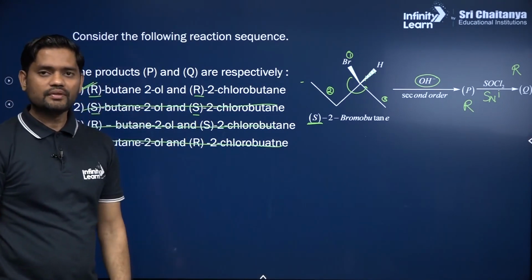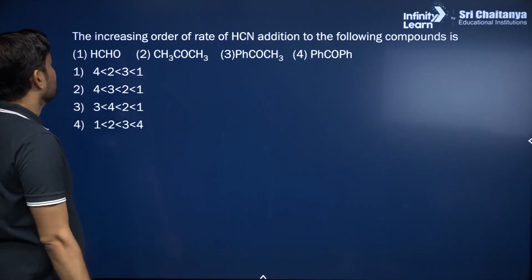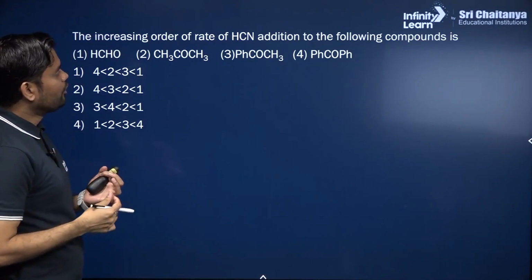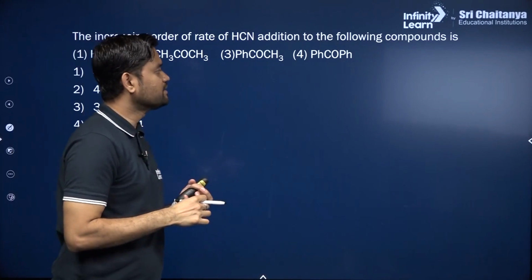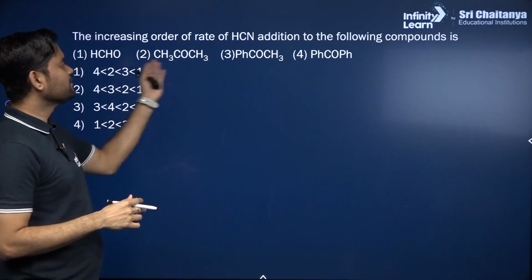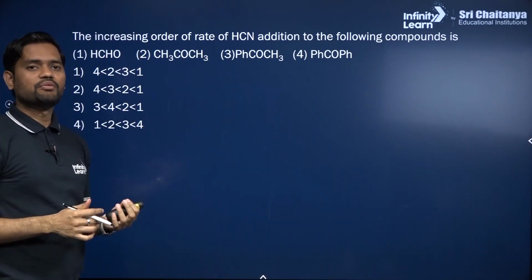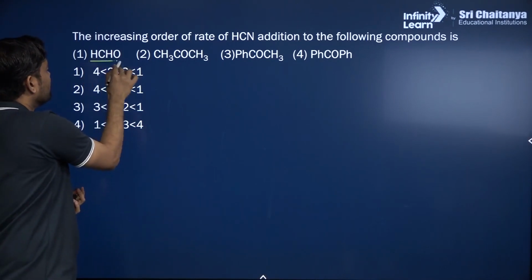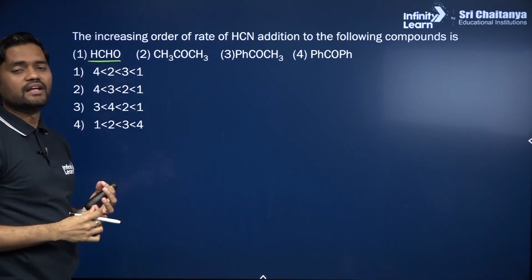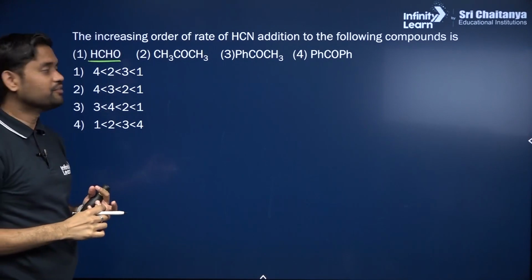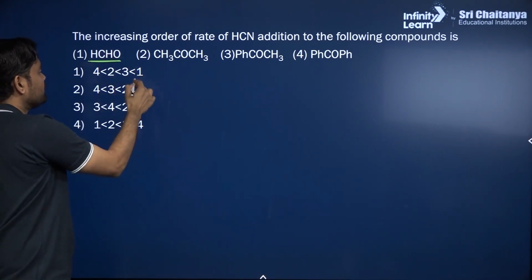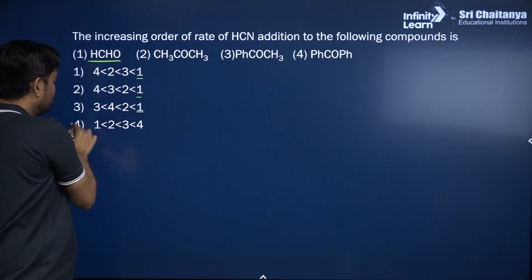Clear? Okay. The increasing order of rate of reaction with HCN for the following. So basically increasing order of rate, and these are carbonyl compounds. In carbonyl compounds we know that aldehyde, formaldehyde in particular, is highly reactive, so it should come at last in increasing order, and we can eliminate this.